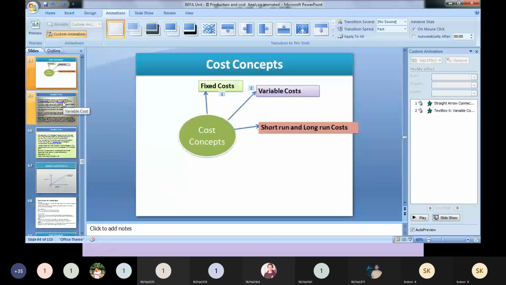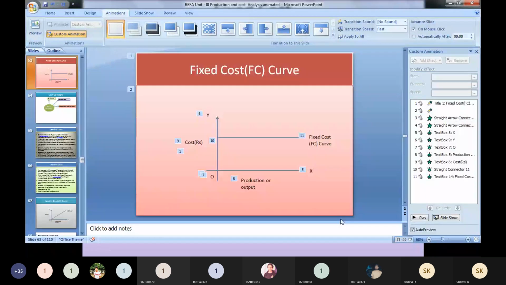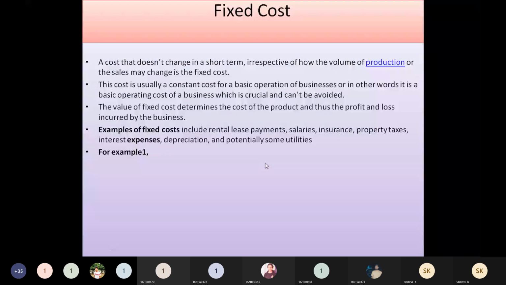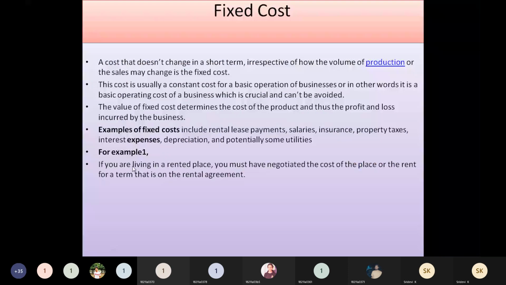And fixed cost can be drawn in a graph also, how they are flowing. So another example is given here. If you are going to live in any rented house, whatever rent you have agreed to pay, that comes under this fixed cost.